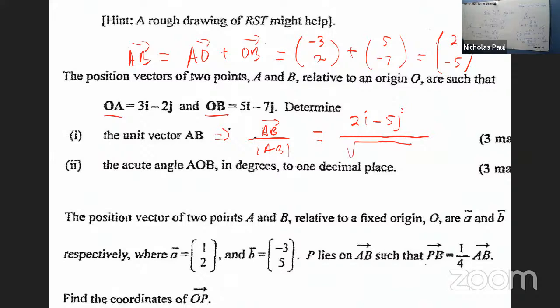That's the square root of 2 squared plus minus 5 squared. And that's it. You can leave your answer like this: 1 over the square root of 29 times 2i minus 5j.